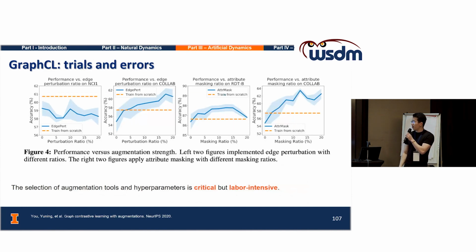The authors of this paper find that on the NCI1 dataset, shown in the left-hand image, if we drop 10% of the edges to augment the given graph, it gets the best performance, while on the collab dataset, to get the best performance we might need to drop 70%. In other words, the hyperparameter selection is also not generalizable across different datasets. So the conclusion is that if we use random augmentation to generate the views for graph contrastive learning, it is labor intensive.